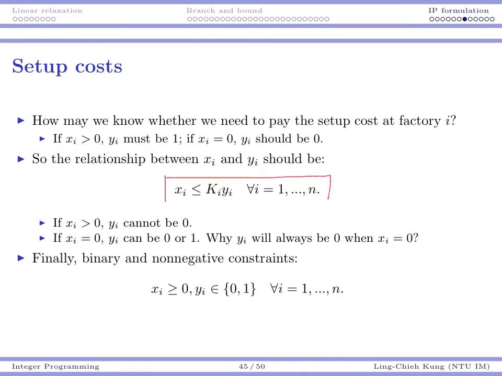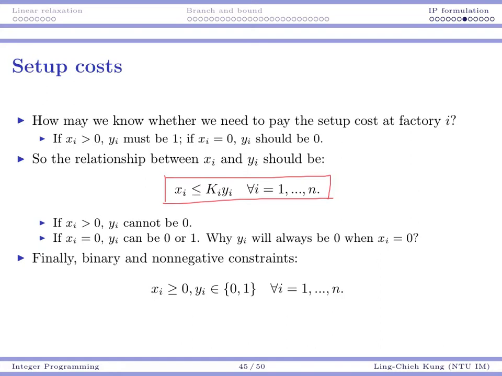To formulate that relationship, all we need is a constraint like this. Xi is the production quantity, Ki is the capacity, and yi is that integer variable. With this particular inequality, we can connect xi and yi.